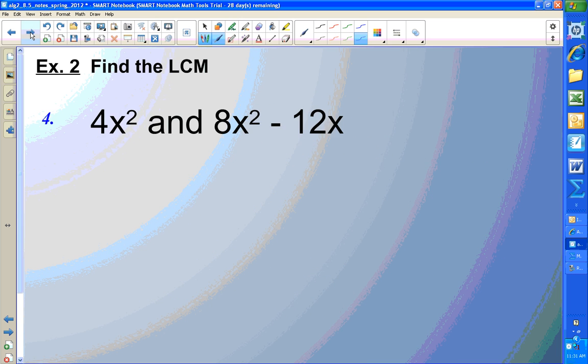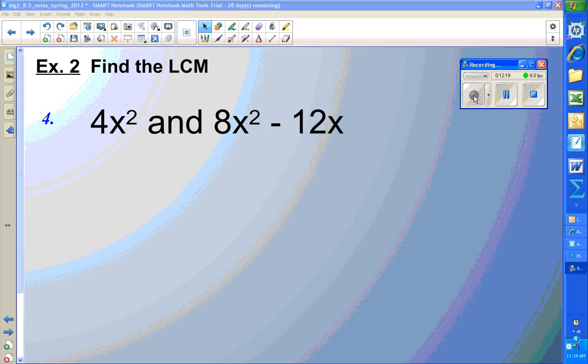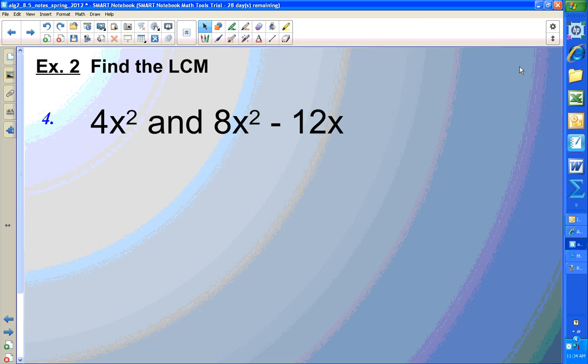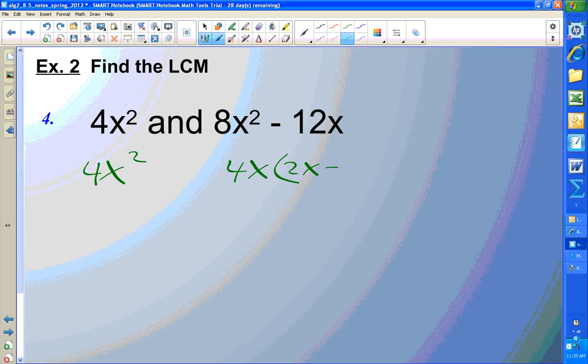Try this one. See if you can find the LCM for these. Okay, so when we factor, the 4x squared is good. What's the common factor for the second one? 4x. And you're left with 2x minus 3. How many different factors are there? 3.